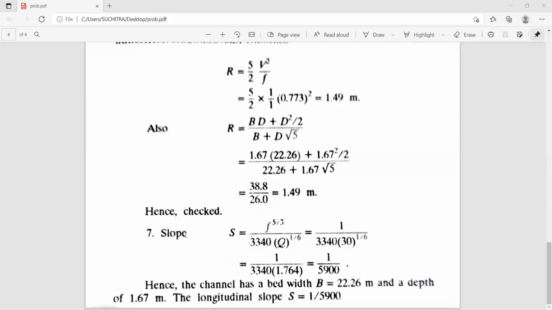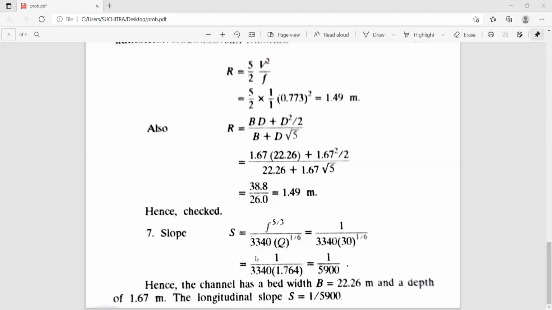Now finally, you have to find the longitudinal bed slope of the channel. This longitudinal bed slope is given by the equation S is equal to F to the power of 5 by 3 divided by 3340 into Q to the power of 1 by 6. You know the value of F and we know the value of discharge.